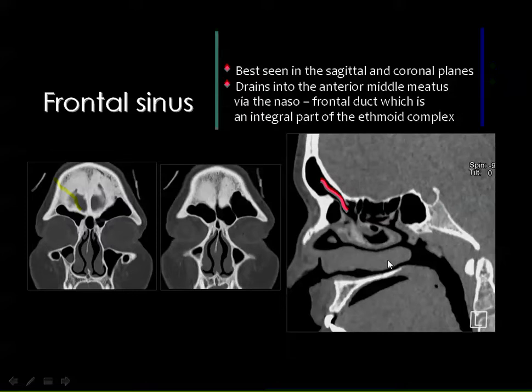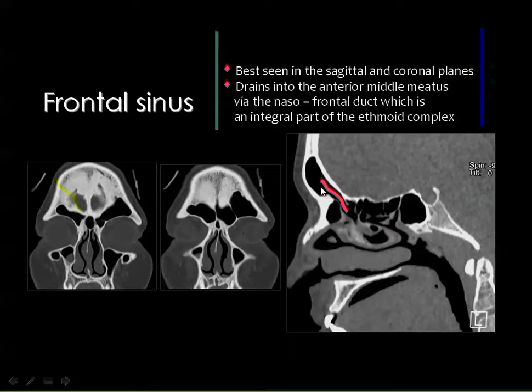You know, this is the sagittal reconstruction, and this is the hard palate, inferior turbinate, middle turbinate, which is pneumatized. It's known as concha bullosa. I will mention it in a moment. Then this is the route of drainage of the frontal sinus through the anterior ethmoids into the middle meatus.